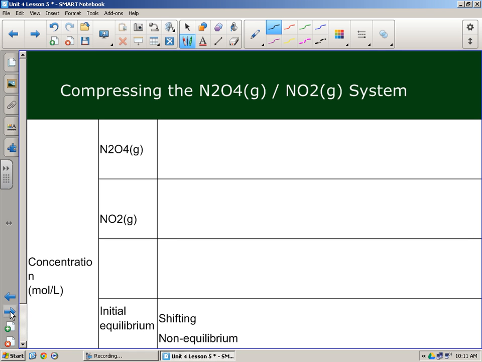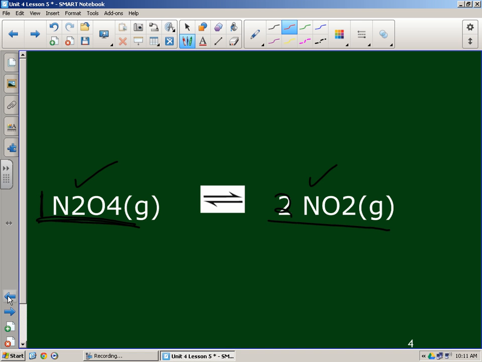So when we look at our charts here, we're going to do the following, and this is the key here. All right? So if we compress N2O4, I said we would favor the least number of gas molecules, right? So if I compress this, it's going to favor the 1 versus the 2. This is going to be favored, N2O4.